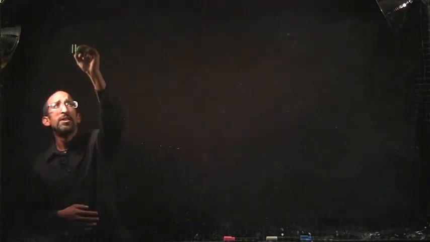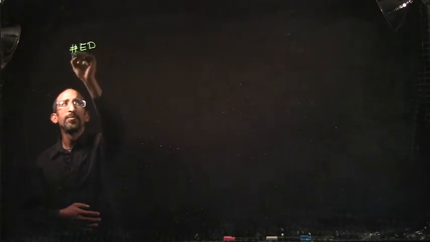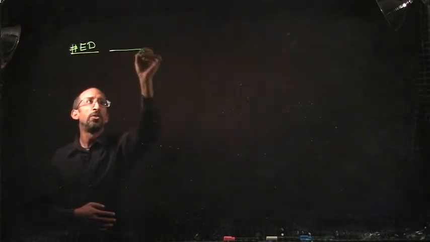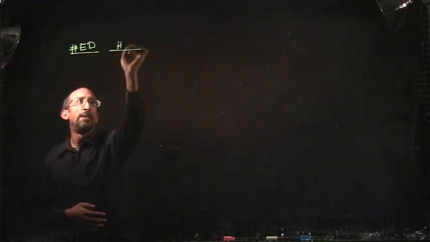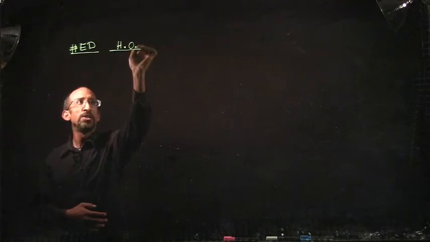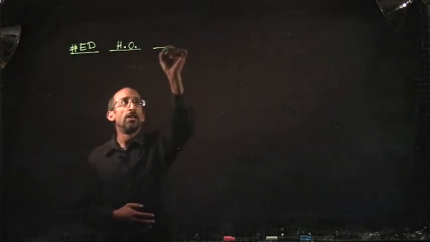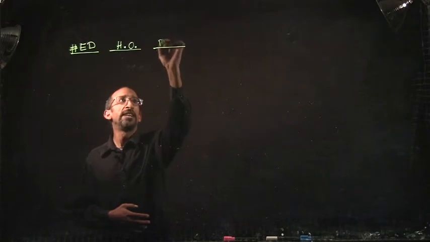So again, this all starts with the number of electron domains. That will introduce to us our hybrid orbital set that we'll use. It will also determine our bond angles.